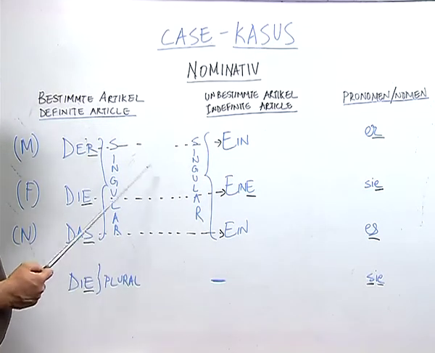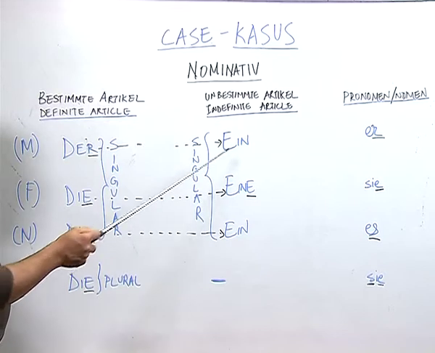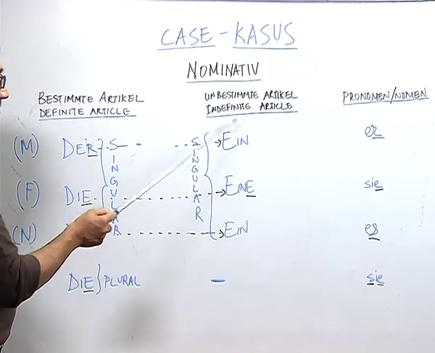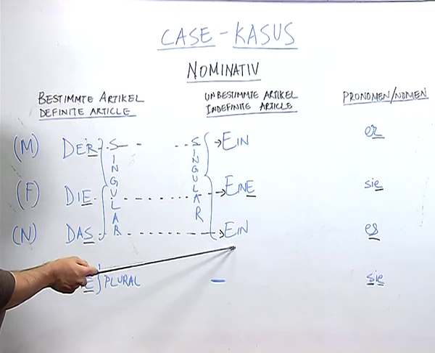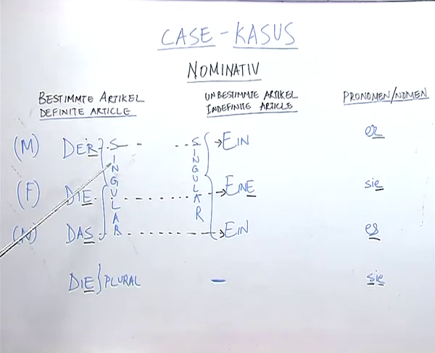Now, as I told you, the article der and the article das have the same or identical indefinite article, which is ein. Therefore, it is always better to learn the definite article with the noun.